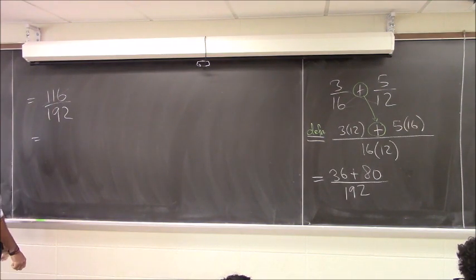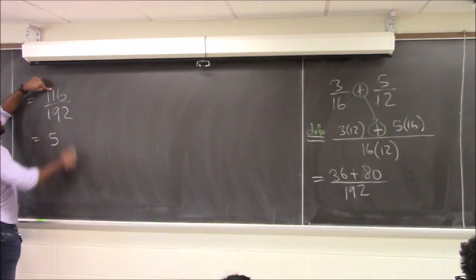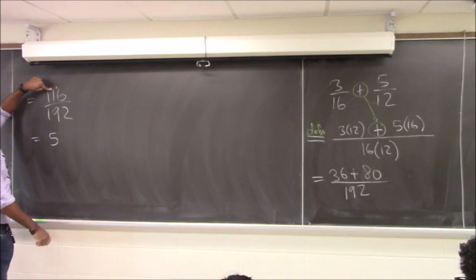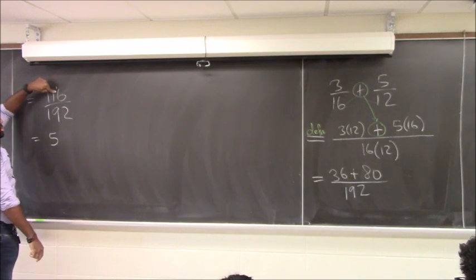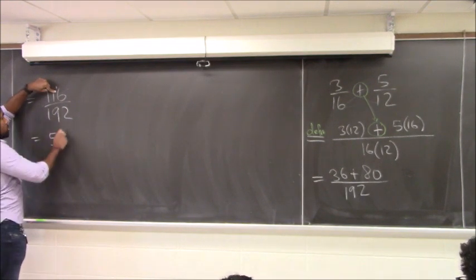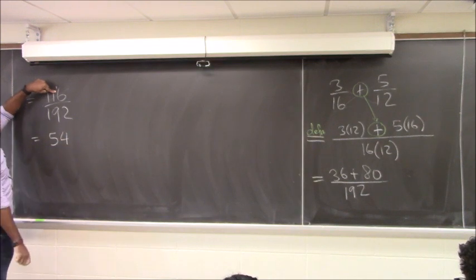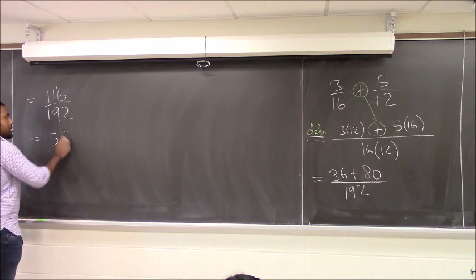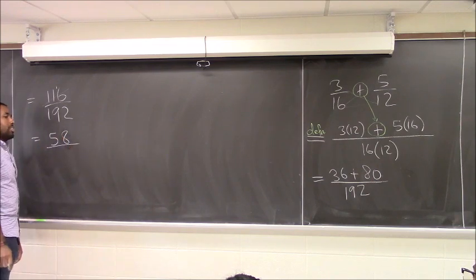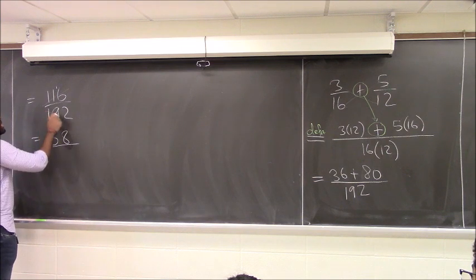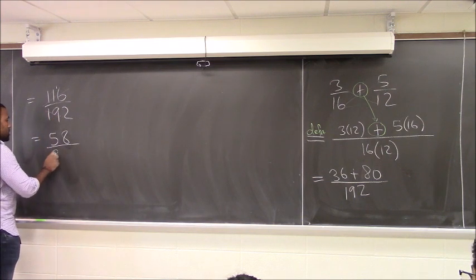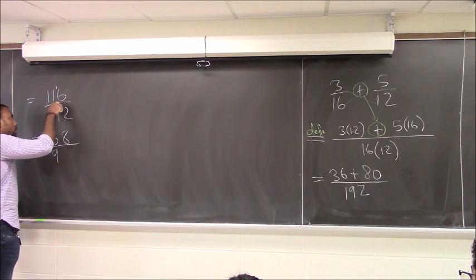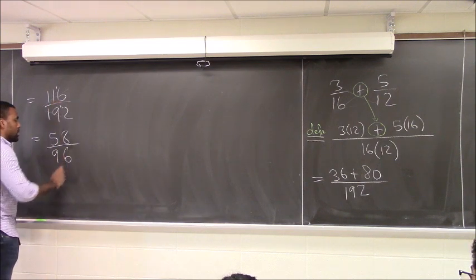And you remember how to do that? 2 into 11 goes 5, remainder 1. 2 into 16 goes 8. So that's 58 over 96. Do it again. 2 into 19 goes how many times? 9, remainder 1. 2 into 12 goes 6.